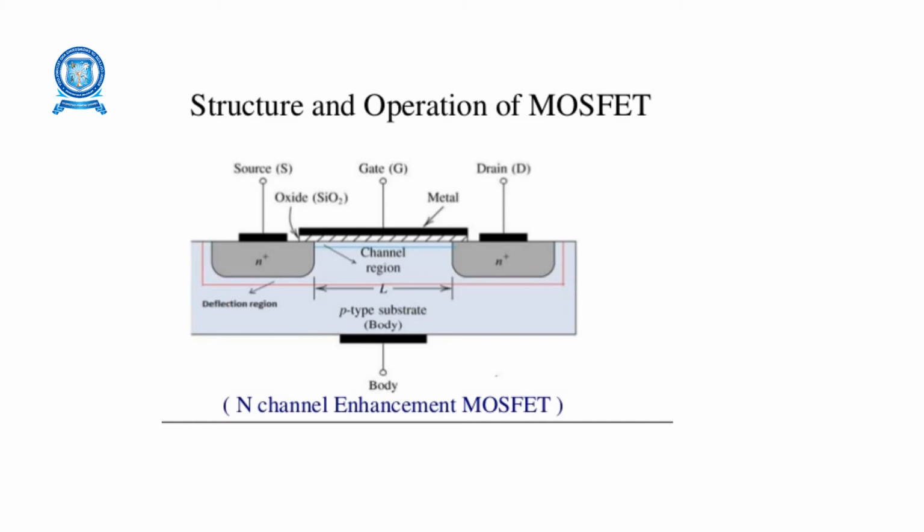Source and drain are filled with negative carriers. Then we have the P substrate, which is used for the channel. To transmit from source to drain, electrons flow through the channel. Then there is the silicon dioxide layer, and then the metal. That's why we call it metal oxide semiconductor.